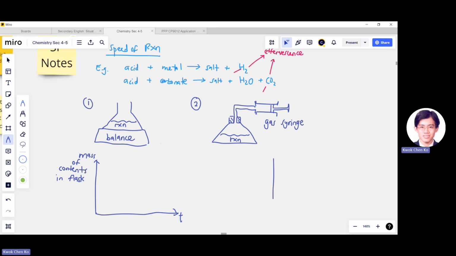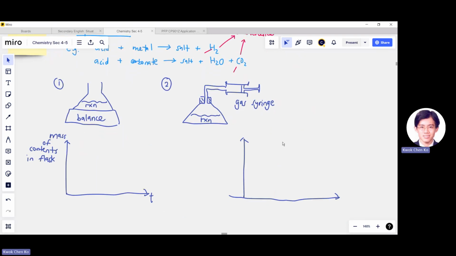Okay, the second one, take note. The second one obviously is not measuring mass. What is it measuring? Yes, volume. Yep, volume of gas. Versus time as well. What will you expect to observe for these two graphs? Which one is down?